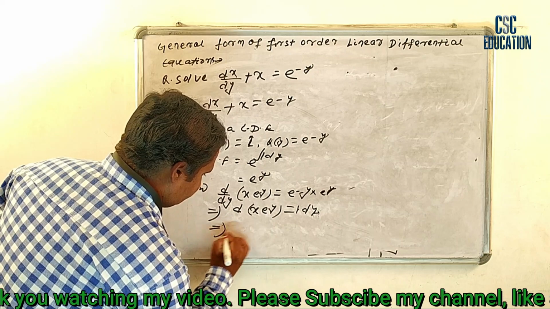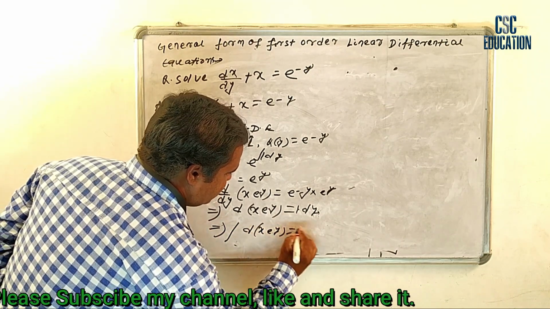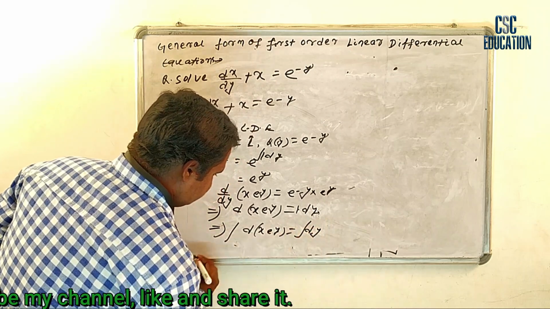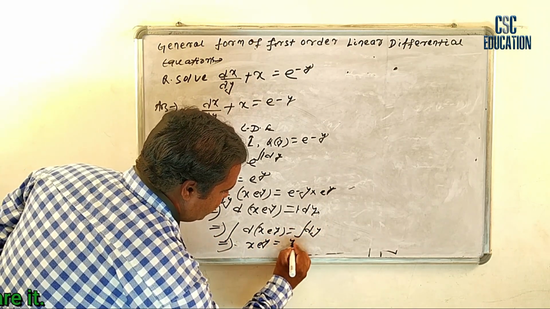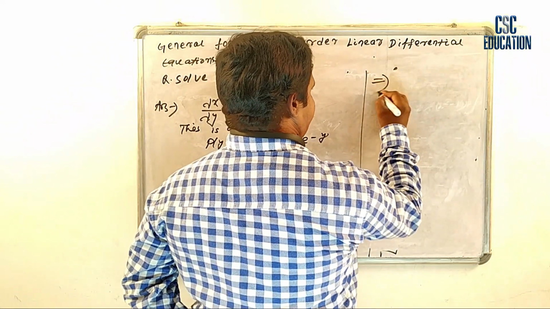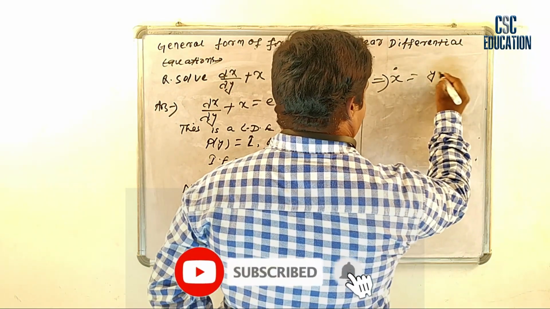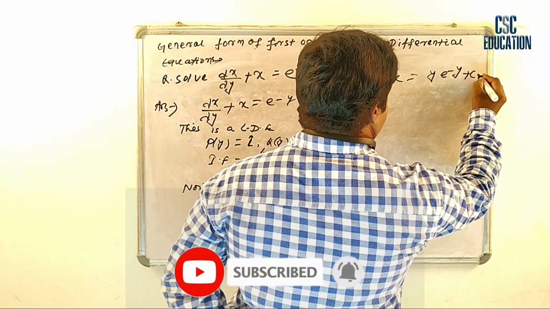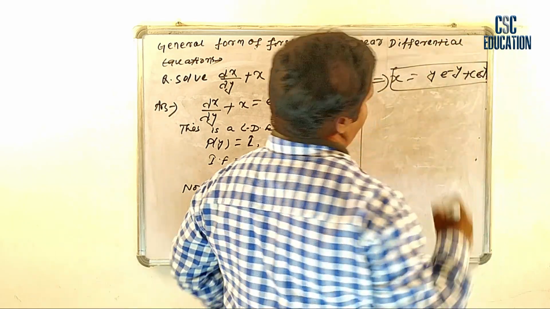Now integrating both sides, x e to the power y equals y plus c. So the general solution is x equals y e to the power minus y plus c e to the power minus y. That is the general solution of this type of linear differential equation.